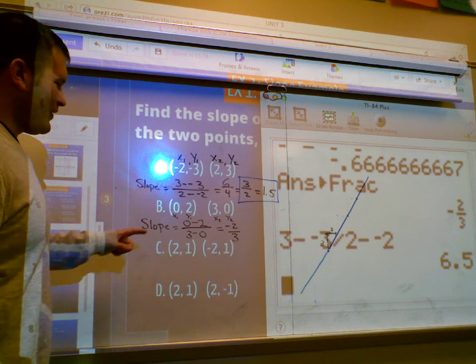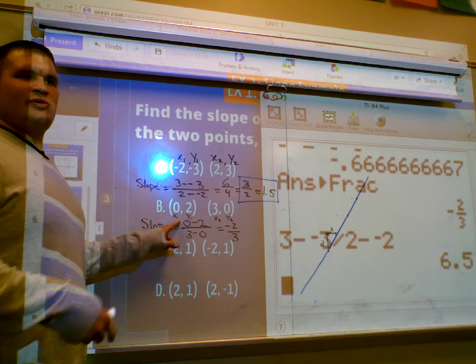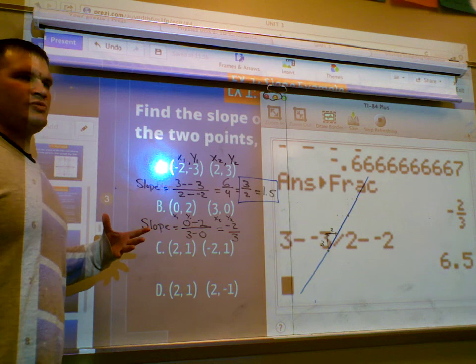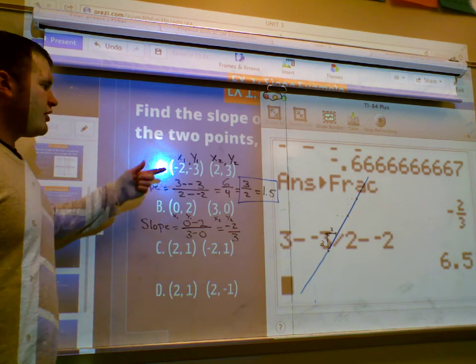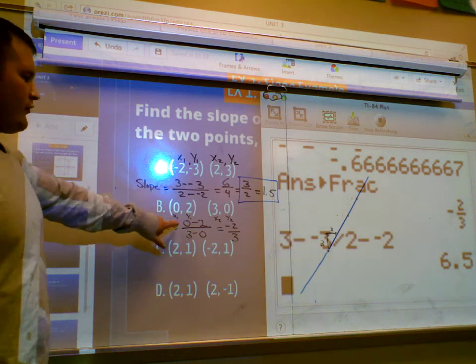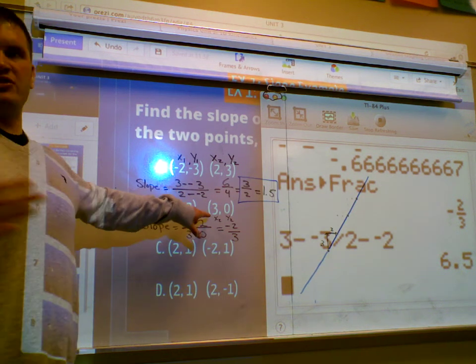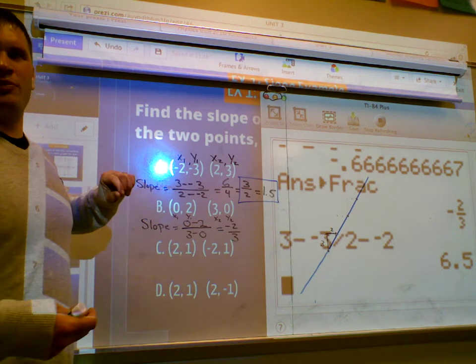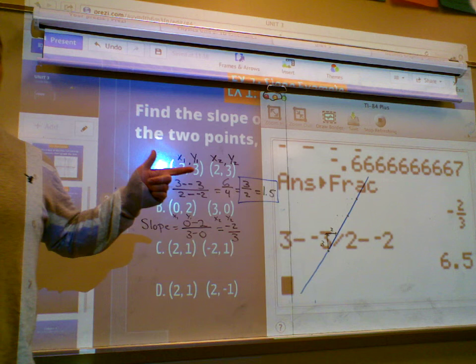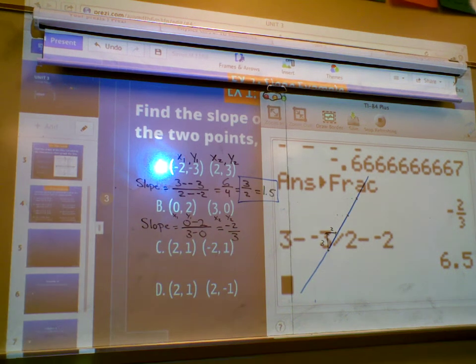The first one I tried had zeros. The zeros don't really affect my subtraction as much as the other one does. In this one, if I'm doing 0 minus 2, that's just going to be negative 2, right? Doesn't really change my number all that much. But in this one, 3 minus negative 3 makes a big change, doesn't it?